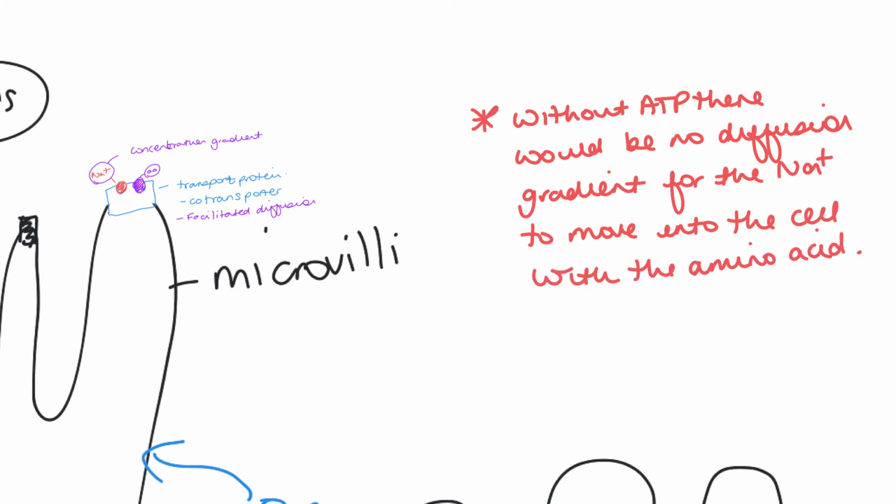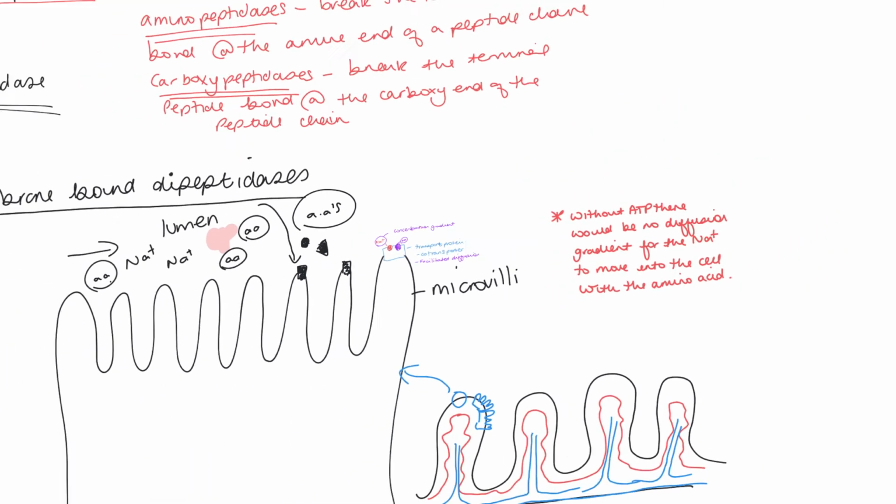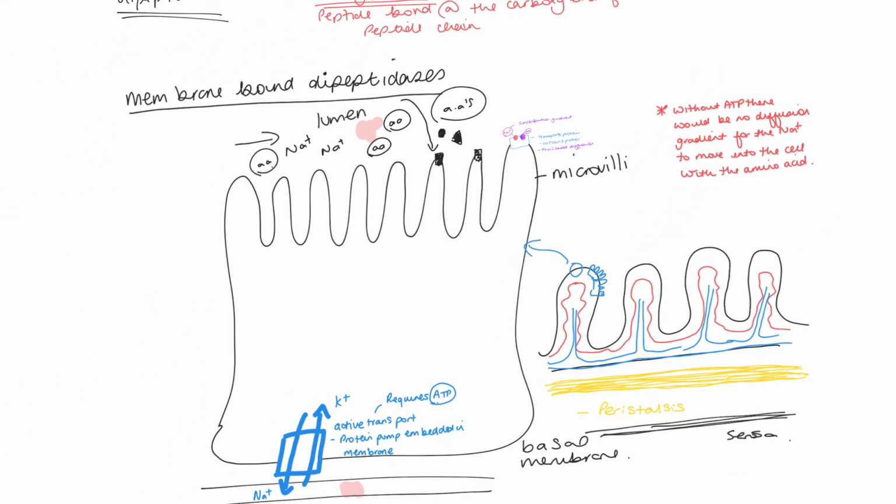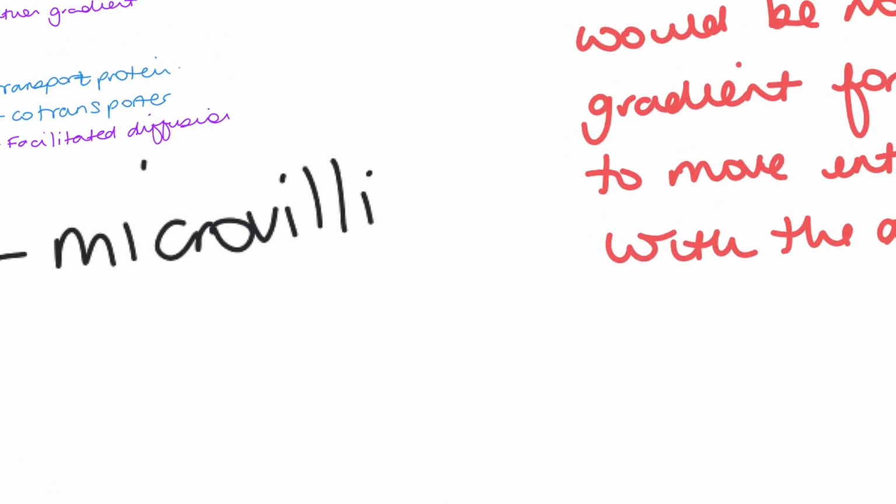So let's just check that we understand this concentration gradient. So we have a higher concentration of sodium ions in the lumen in comparison to in the epithelial cell. So the sodium ions move down their concentration gradient via facilitated diffusion.